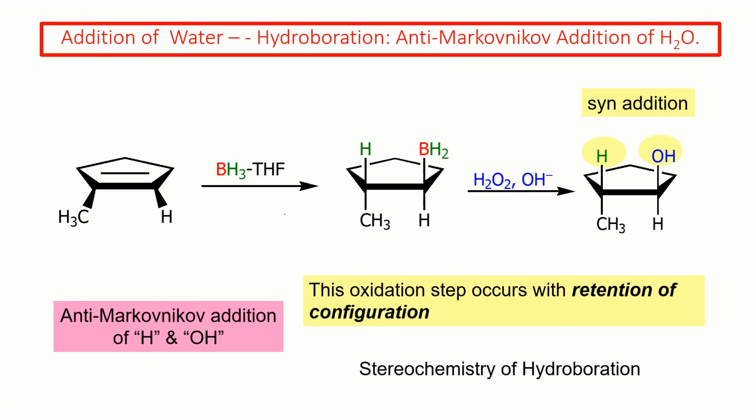And if you look at the previous slide, you would realize that when we added the boron to the double bond, it was on the opposite face of the methyl, meaning that once we substituted the boron with the OH minus, the OH is on the opposite side of the methyl.